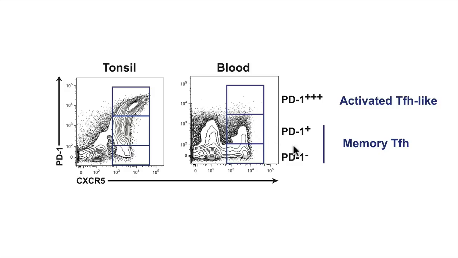And one can certainly observe memory TFH cells that do have some Th1 bias or Th2 bias or Th17 bias in peripheral blood, and that will surely modify the function of those cells as well. And we'll come back to that topic later on when discussing complexities of CD4 T cells, of TFH cells.